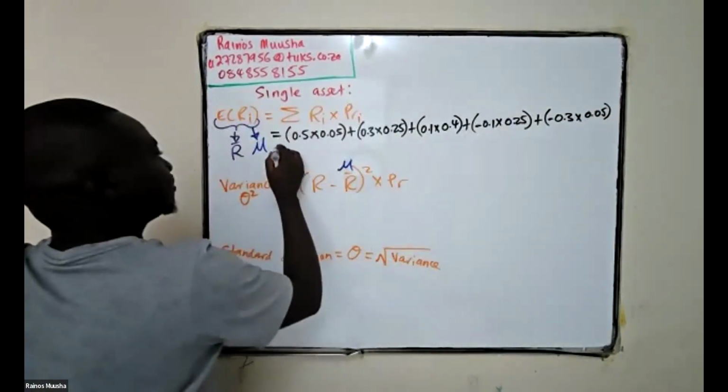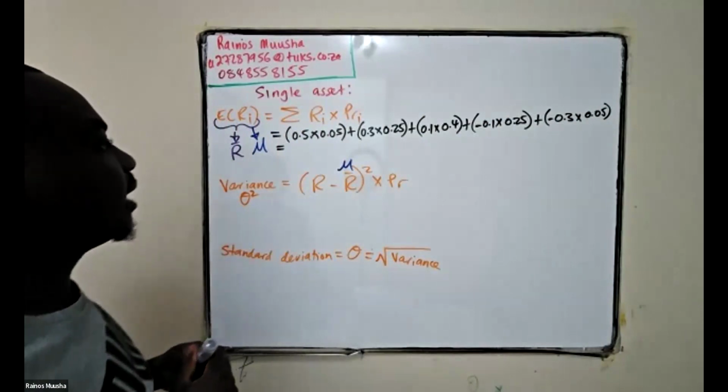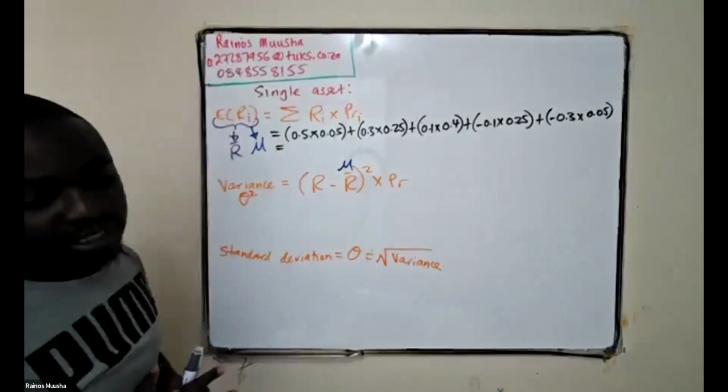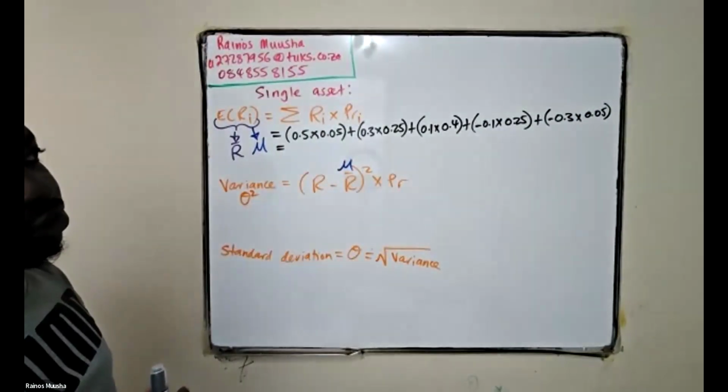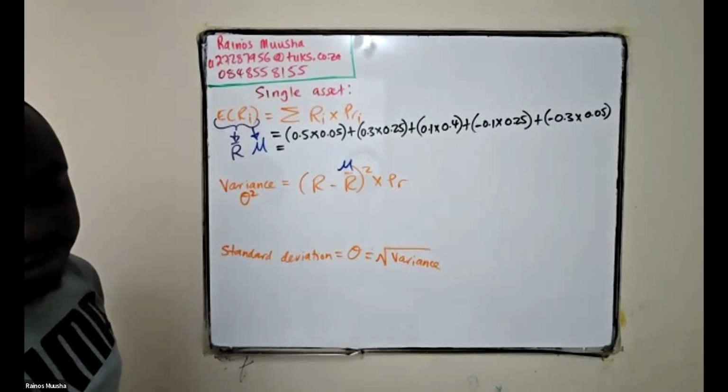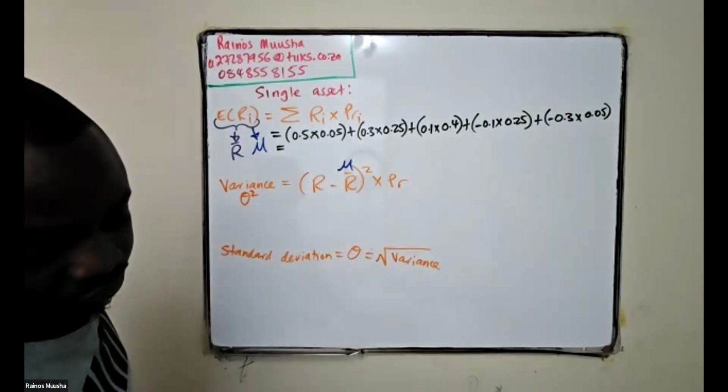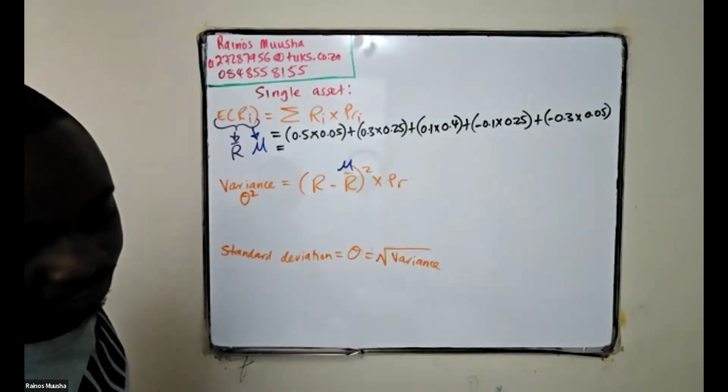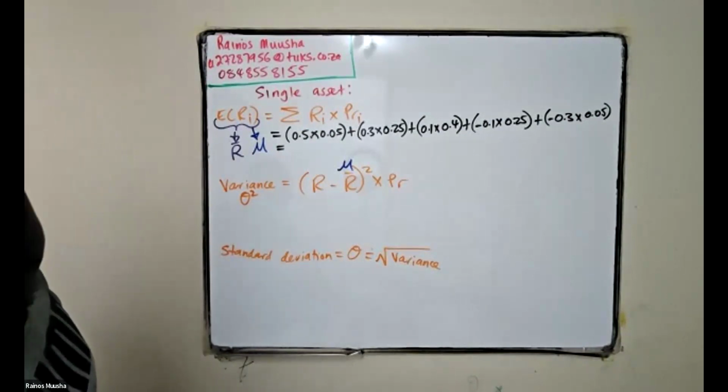So given this information, how much would we get as the expected return of this single asset, which is a stock? How much would you get as the expected return? So if you do the calculations there, how much would you get as your expected return?